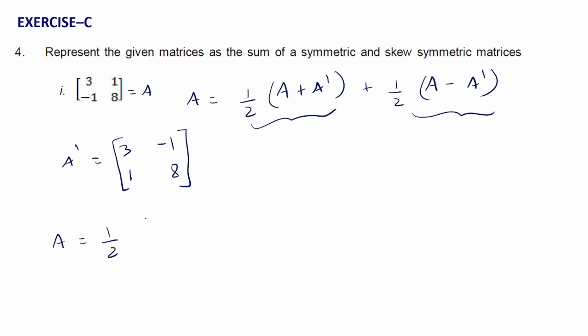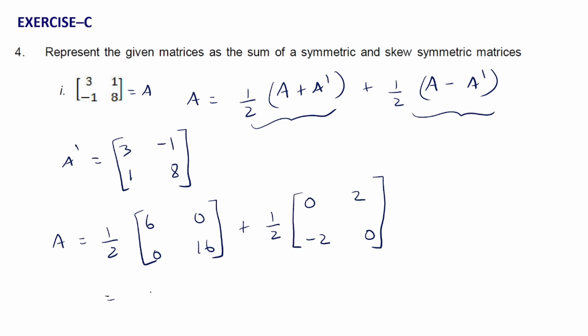So A plus A transpose means it will be 6, 0, 0, 16. So this is a symmetric matrix plus half of A minus A transpose. A minus A transpose, we have to subtract these two matrices. So we get 0, 2, minus 2 and 0.